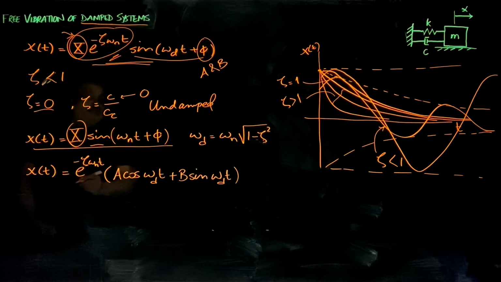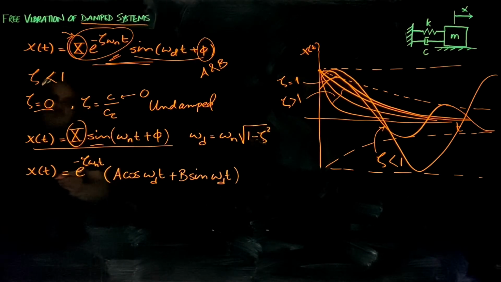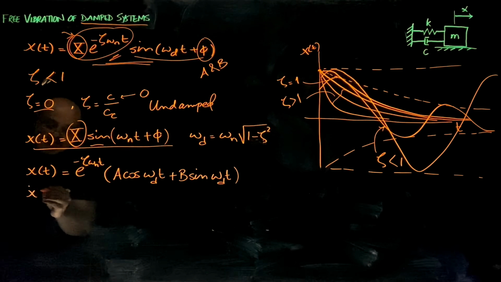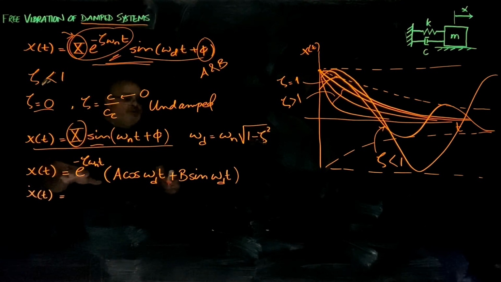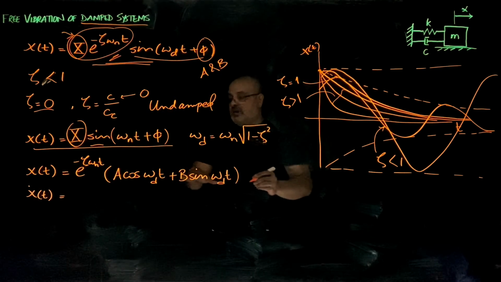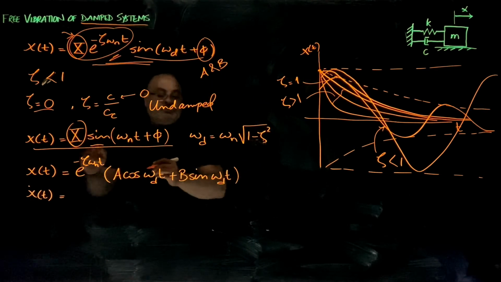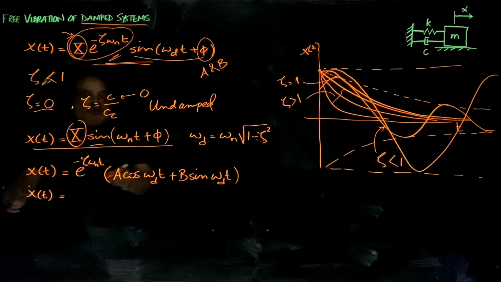The derivative of this function, x dot of t, I need to find because I would have to substitute two initial conditions, x of 0 and x dot of 0.